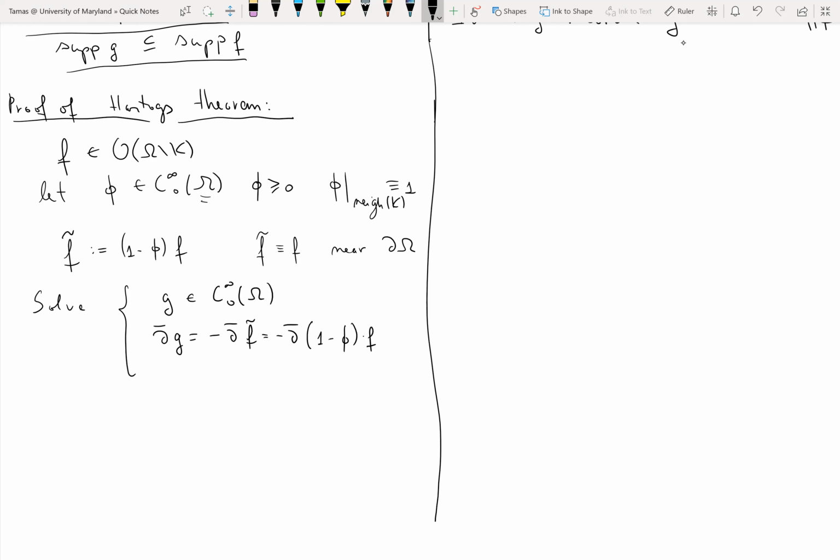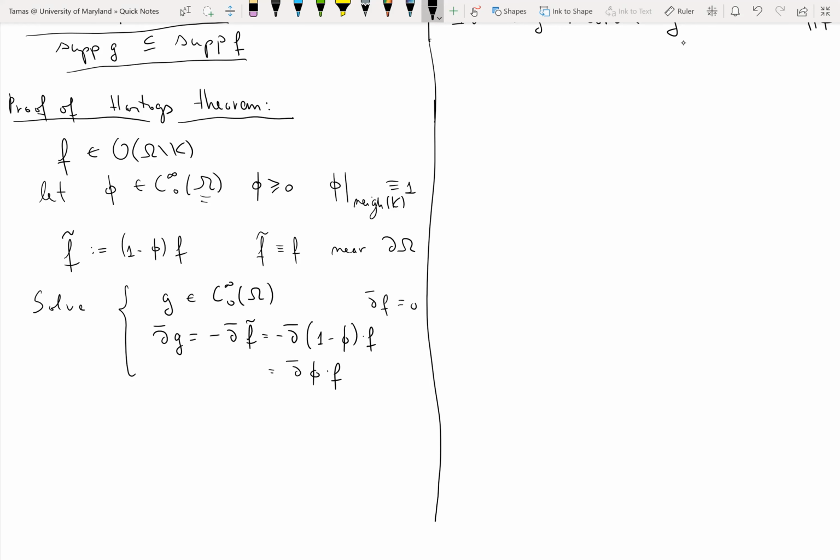Now you can use the product rule here and you will get what? f is holomorphic, so Delbar of f is equal to 0. So you will get Delbar of phi times f.